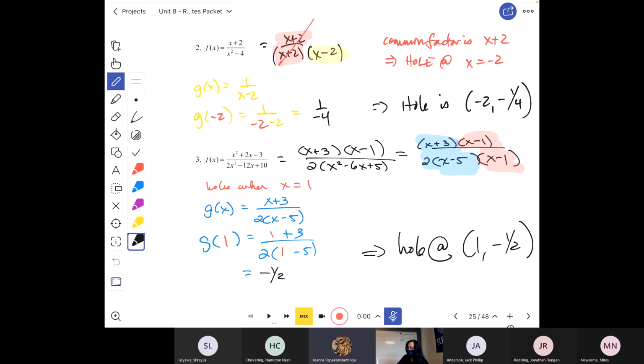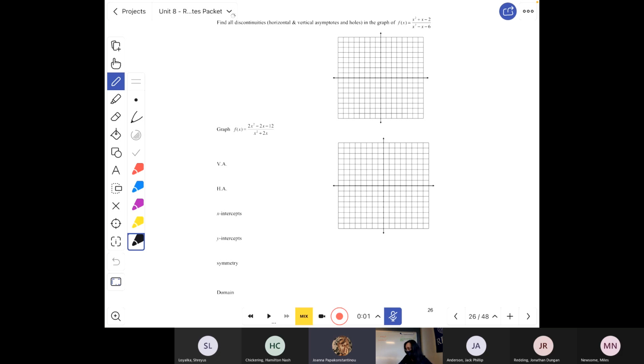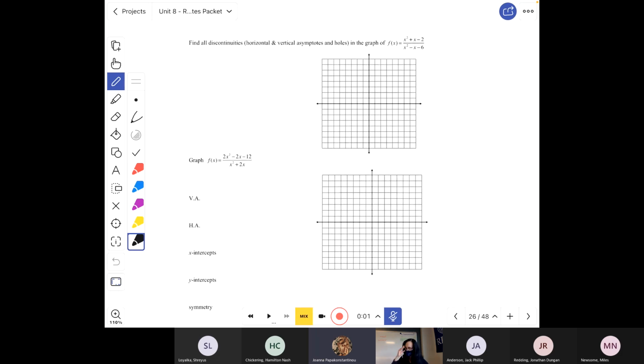So let's go ahead and look at another example that has some discontinuities that we're going to have to recognize. So if you are given this rational function, what do we do first? Let's factor. Factors of the numerator. Excellent.